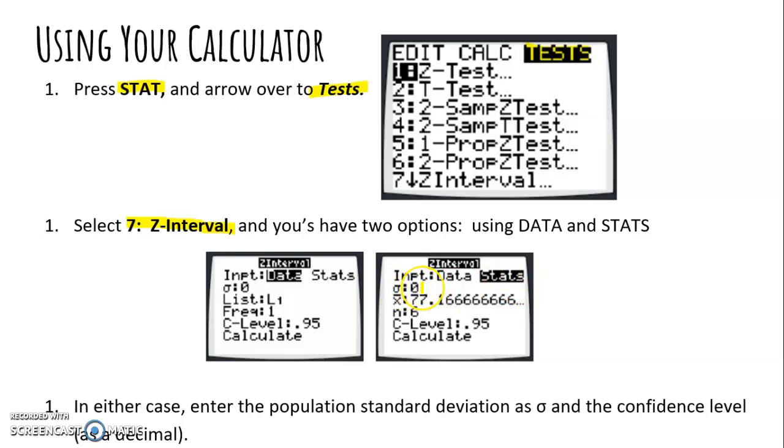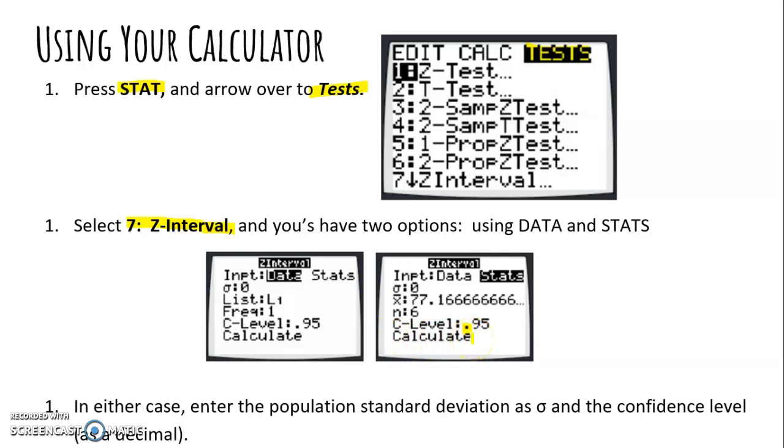It's going to ask you for sigma, the standard deviation. It'll ask you for X bar. It'll ask you for the number in the sample size, and it will ask you the confidence level, which, check this out, you have to put in decimal form. So if it's 95%, don't put in 95, put in 0.95.